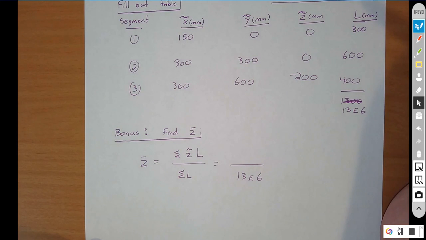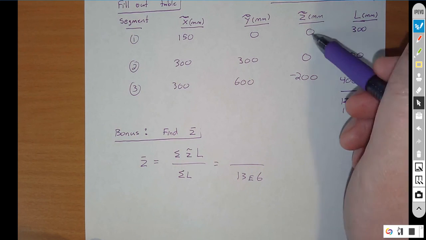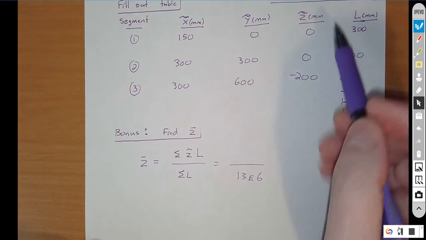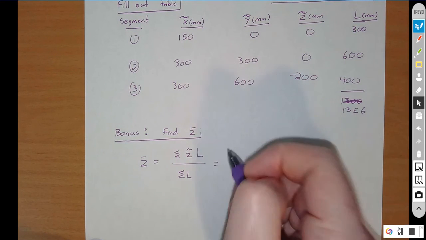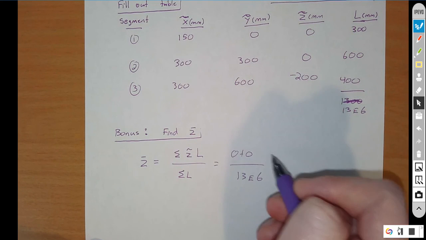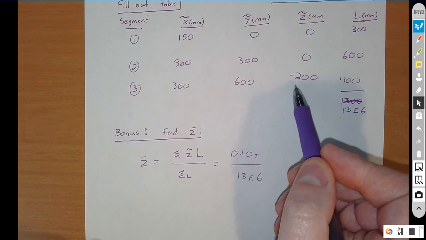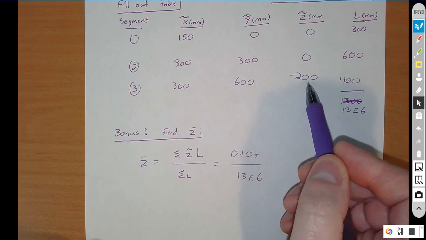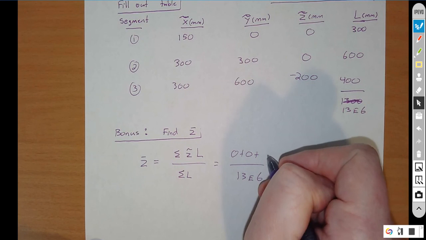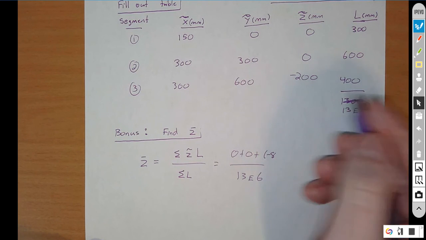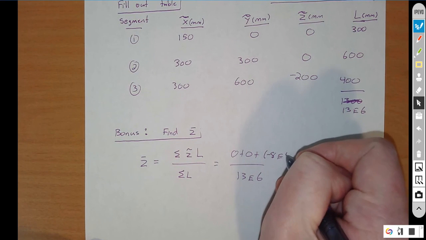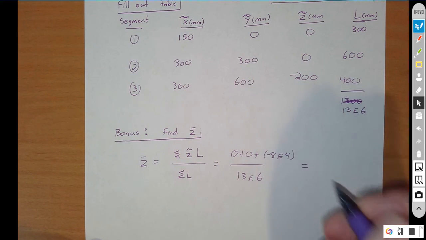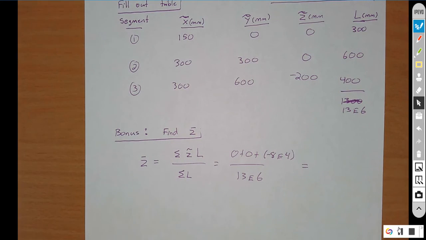And then in the z direction, I get 0 for segment 1 because there's a 0. I get a 0 for segment 2. So we'll get 0 plus 0 plus, and then for segment 3, I'm going to get negative 200 times 400. So I will get a negative 8, and then I'll have 4 zeros, so e to the 4. And then you just do that algebra, and it'll tell you where z bar is.